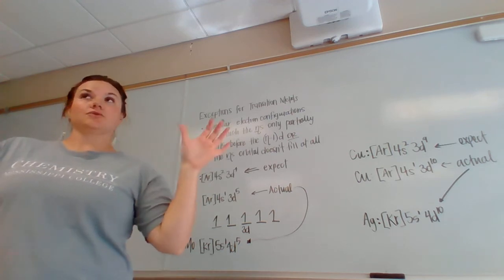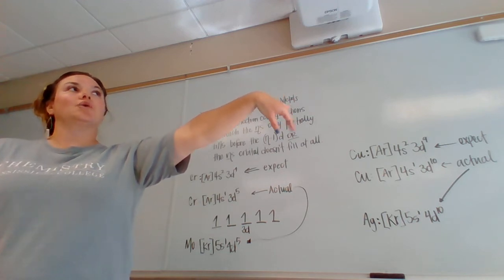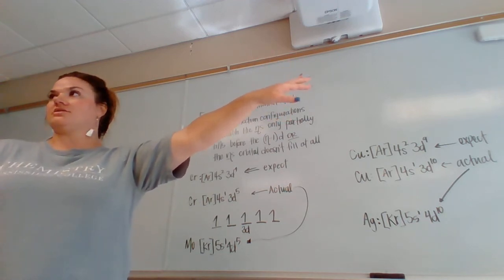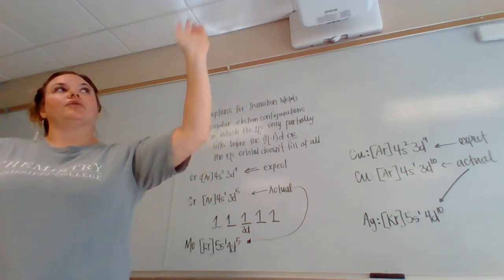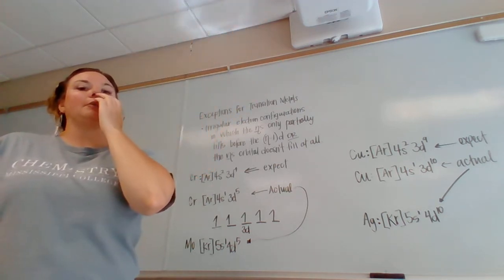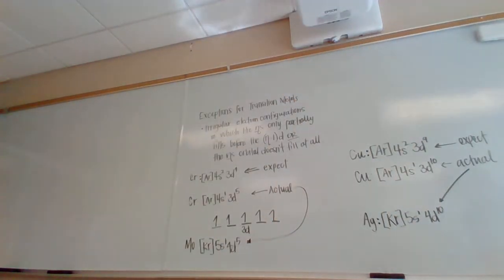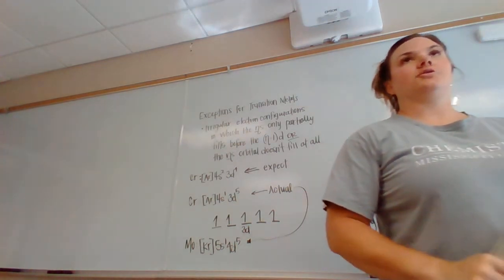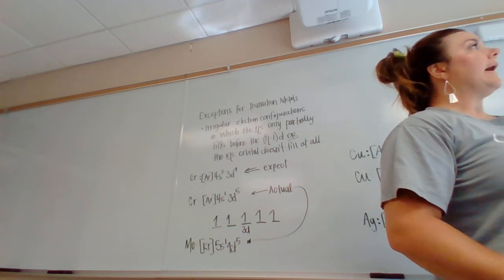So your metals, everything on the left side of the periodic table, are going to give up electrons to be like their noble gas. The non-metals, everything on the right side of the periodic table, from where your metalloids separate them, they're going to gain electrons to be like the nearest noble gas. Why?